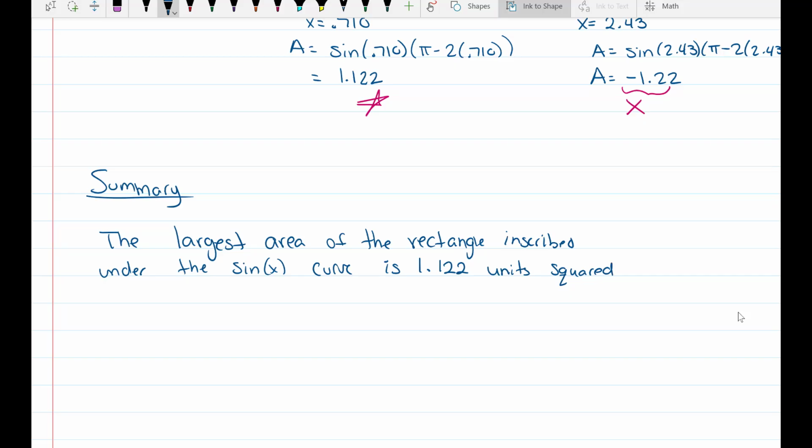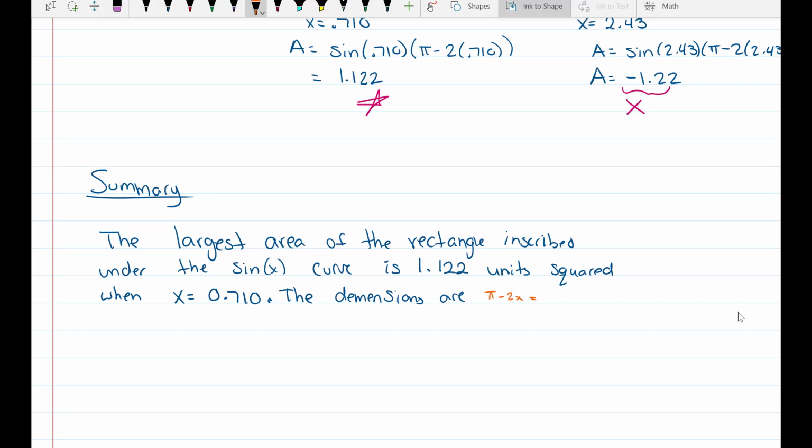We don't know if it's feet, millimeters, we don't know. When x is equal to 0.710. Now we need to state the dimensions. The dimensions are, and it really doesn't matter which one you put in first, we never actually evaluated them, so we need to figure those out.